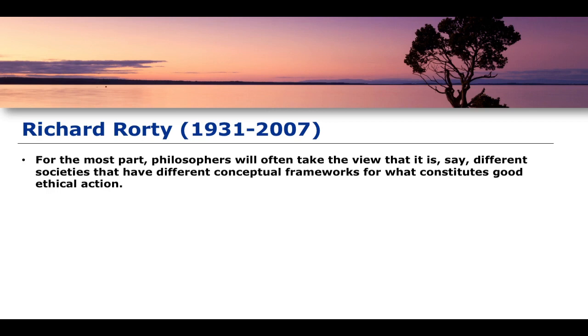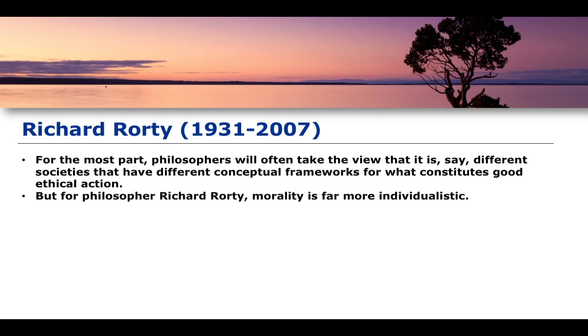So, for example, in a society like the one we live in, it is generally the case that murder is considered to be wrong, and it is generally accepted among everybody within society that this is the case. And this is how most moral relativists view and understand the concept of moral relativism: the idea that it is differentiation between societies or from different geographical locations or from different time periods.